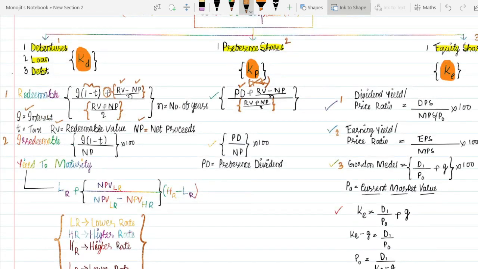For irredeemable debenture or preference shares, the formula will be, even though the concept of irredemption is invalid in real life, but for the exam perspective we need to remember the formula.